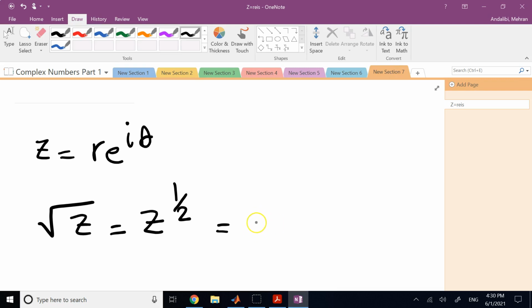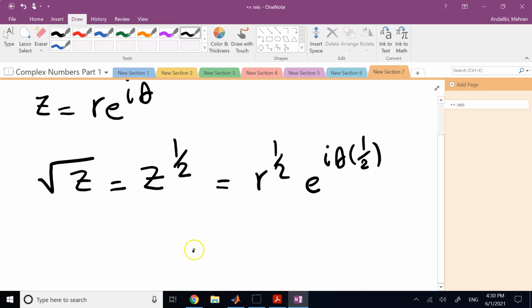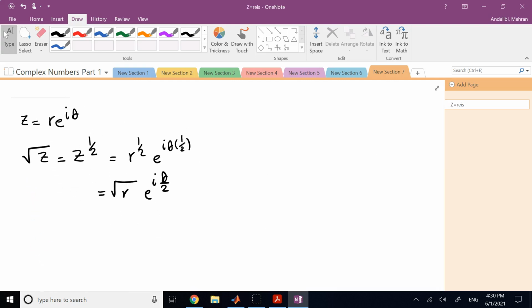So this is going to be r to the 1/2 times e to the i theta, but theta should also be multiplied by 1/2. So it is going to be the square root of r times e to the i half of theta. Correct? That's what you expect for, let's say, the square root of a complex number.